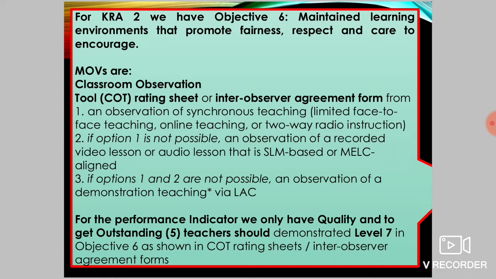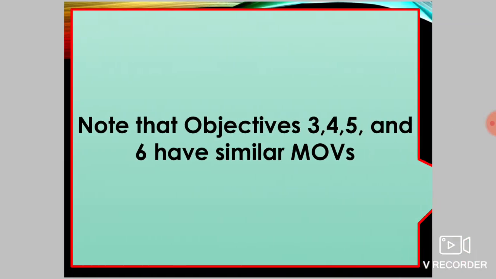Maintain learning environment that promote fairness, respect, and care to encourage. To make it short, yung 3, 4, 5, and 6 objectives, kailangan nakapaloob sila sa lesson plan at makikita sila ni observer during the observation so that you can get a score of 7 and to have an equivalent of outstanding or 5 score.